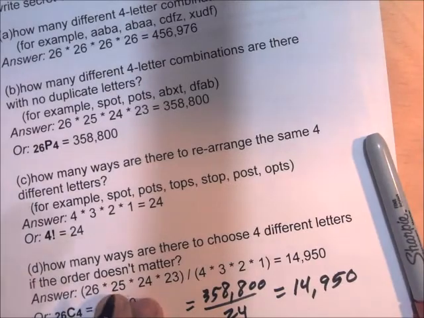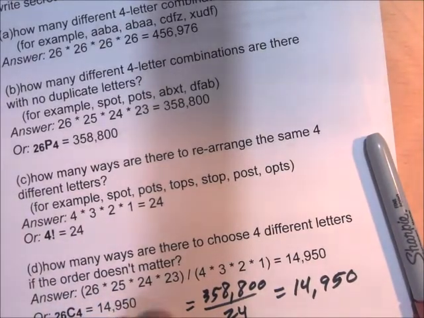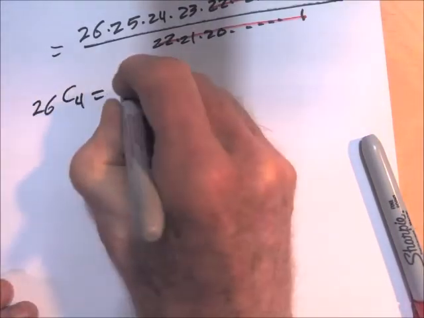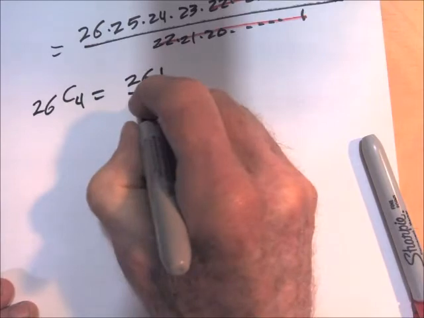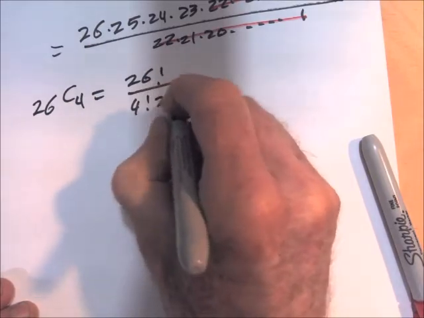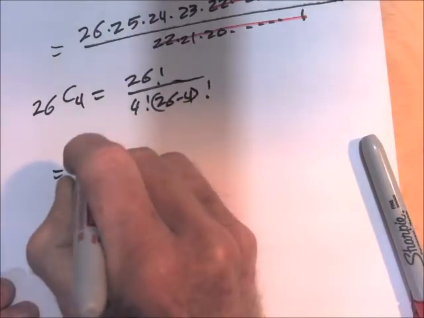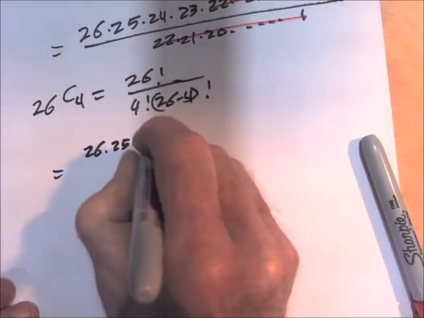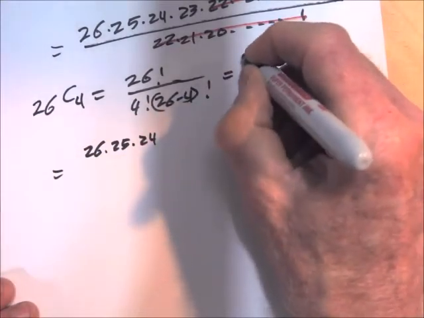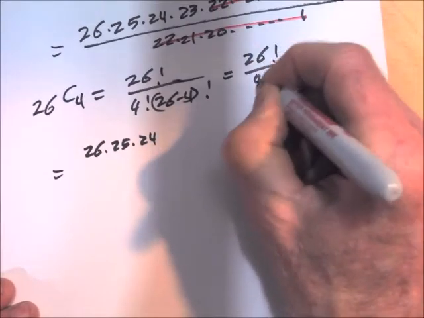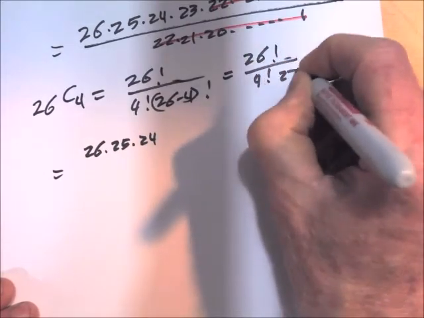So if we do 26 choose 4, I'll do that on a separate page. 26 choose 4 is 26 factorial over 4 factorial times 26 minus 4 factorial. Well, 26 minus 4 is 22.